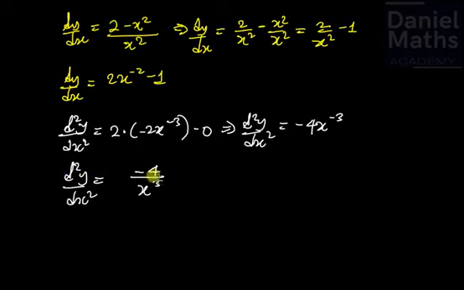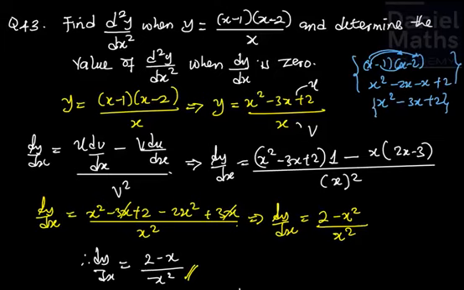Now don't forget that we were asked in the question to determine the value of x when dy over dx is equal to 0.